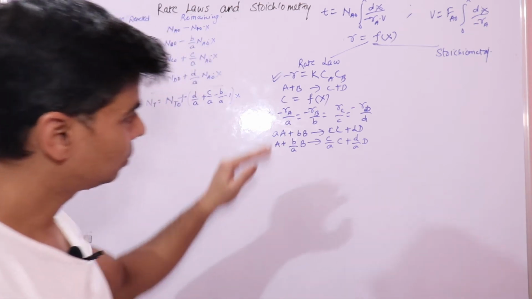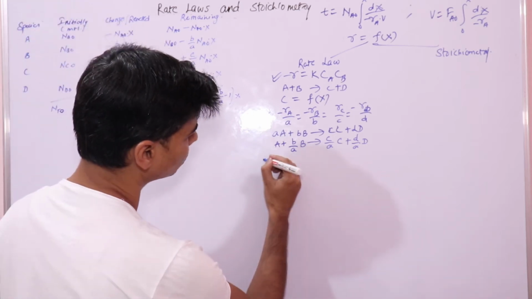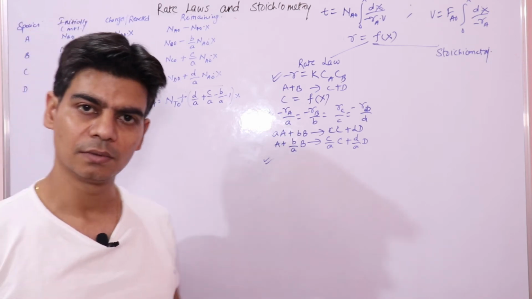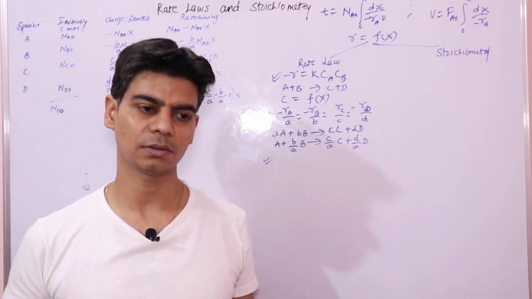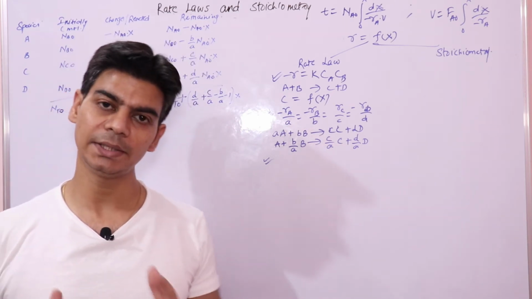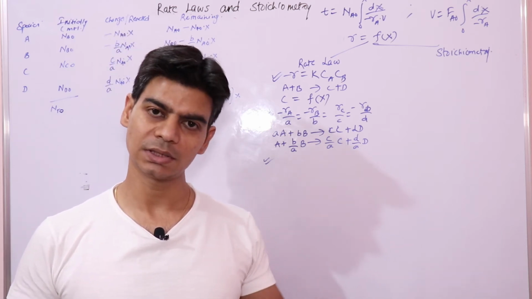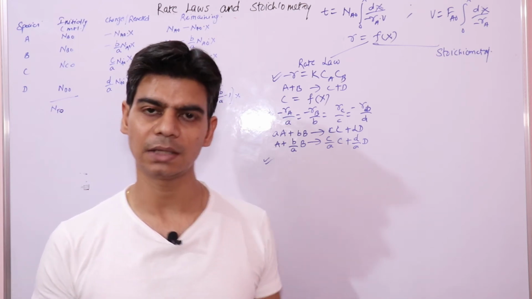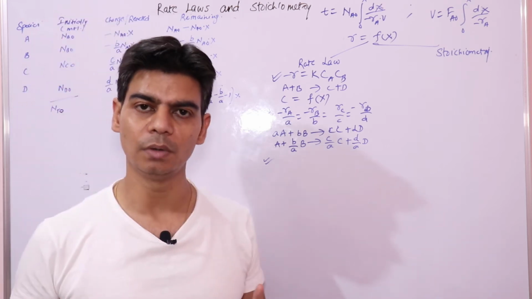Now let's come to this stoichiometry, and we would be using one more thing to build the stoichiometric table: conversion. What is conversion? Conversion is nothing but how much of the reactant that was initially taken is converted into product. How much of the reactant has reacted, that is your conversion. Conversion is also defined on a per mole basis.